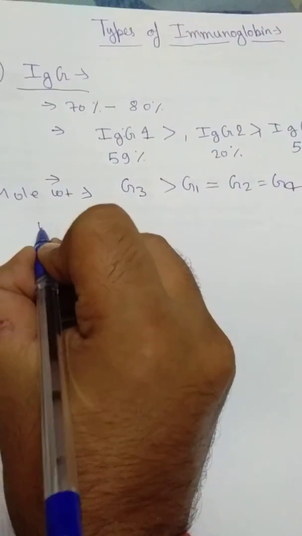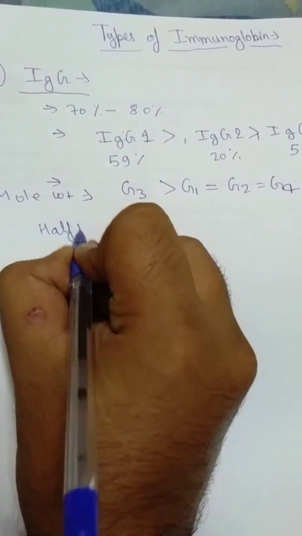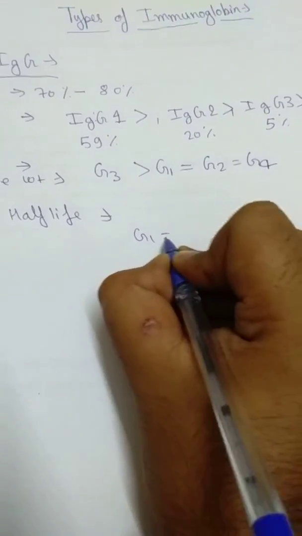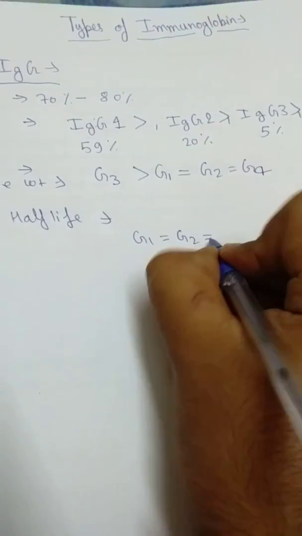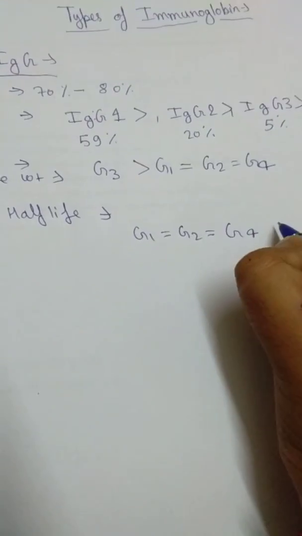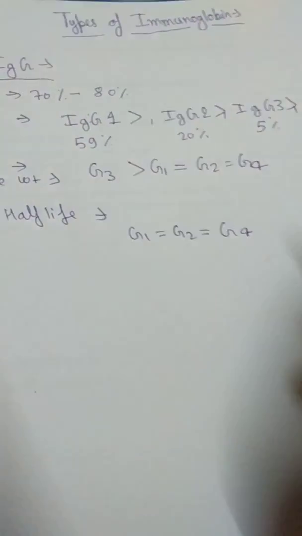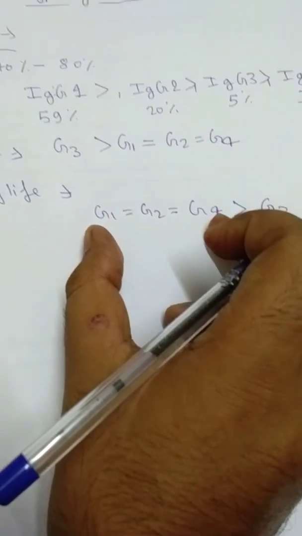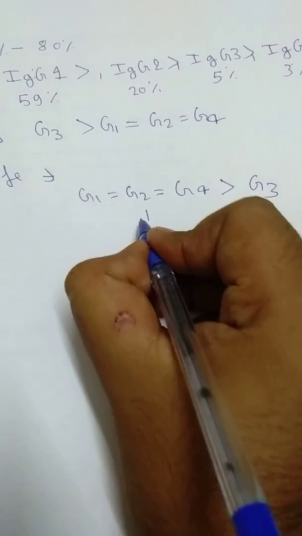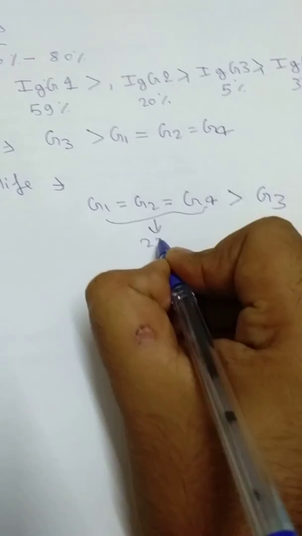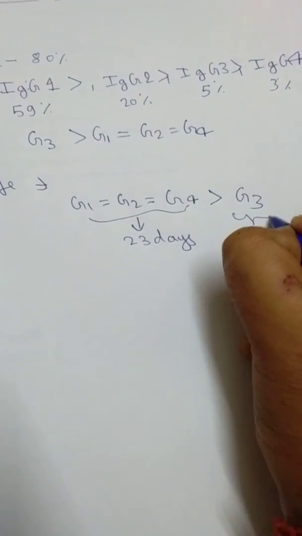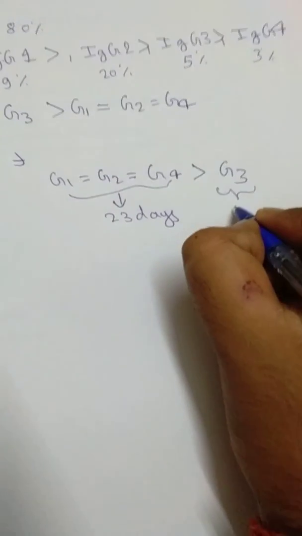According to half-life, G1 is equal to G2 is equal to G4, and these three are greater than G3. The half-life of these three is 23 days and the half-life of G3 is 8 days.